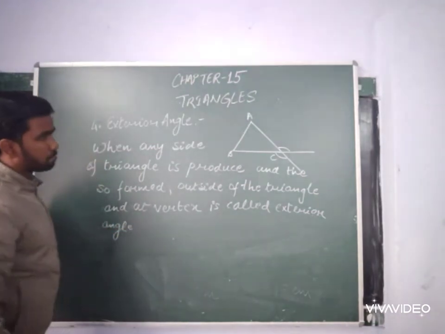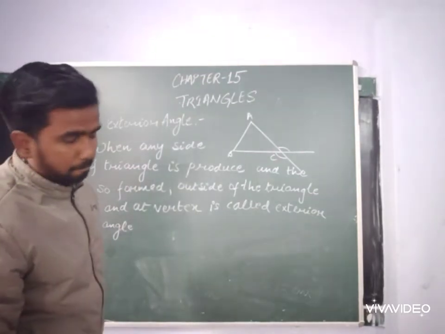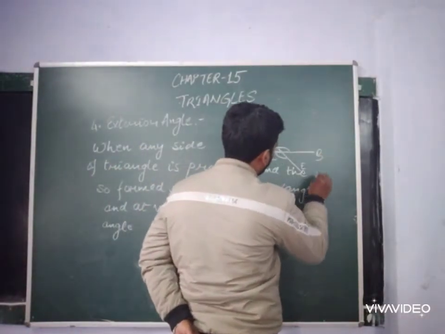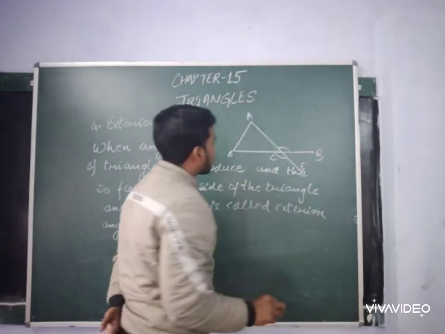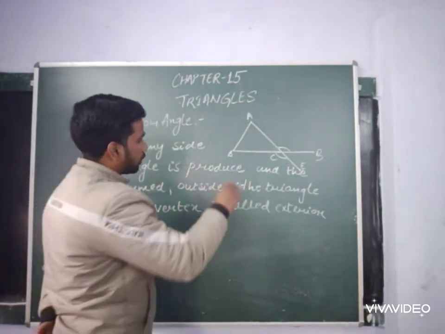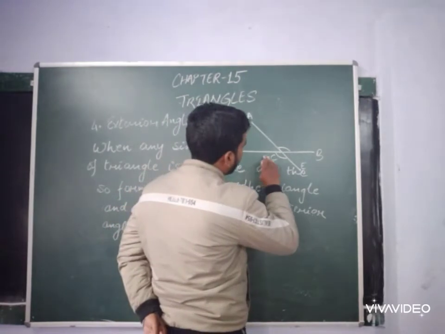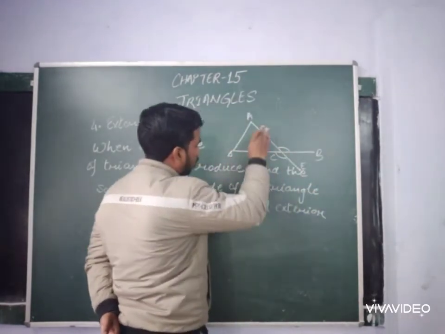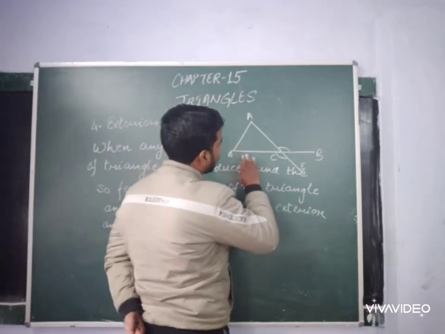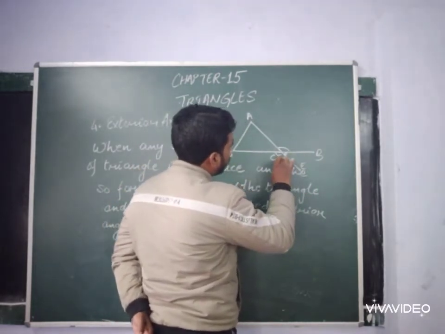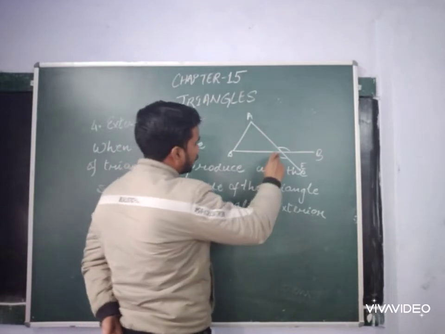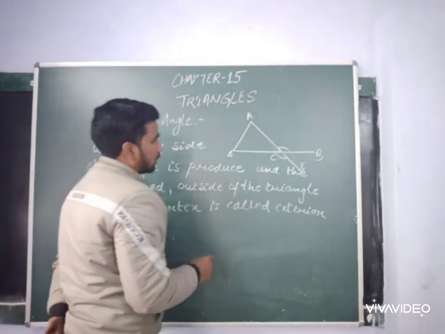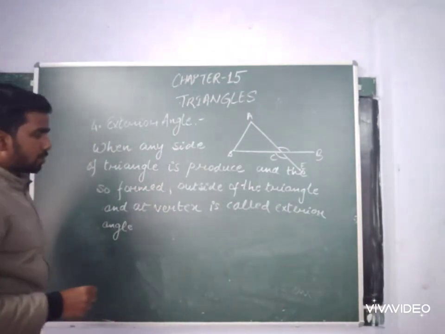Clear? You can see that we will name this point D and this point E. So we know that if we produce any side of this triangle, the angle which is formed at this vertex and is outside of this figure is called an exterior angle.